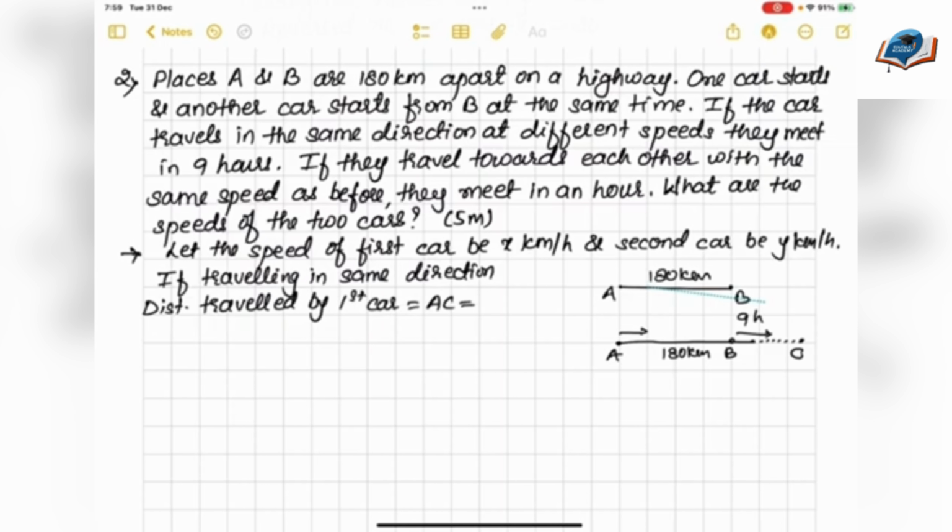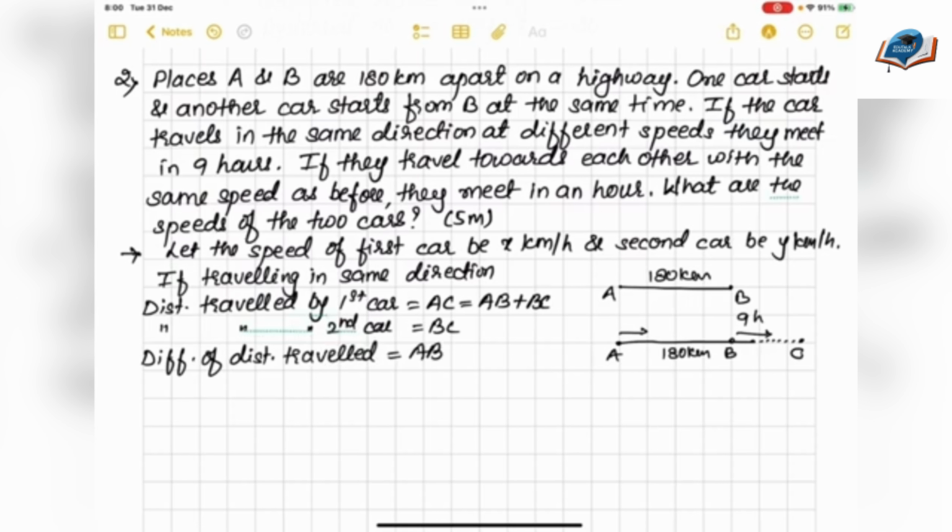So the distance traveled by the first car will be AC, that is AB plus BC, and the distance traveled by the second car is BC. So the difference of distance traveled will be AB plus BC minus BC, that is AB, that is 180 kilometers.